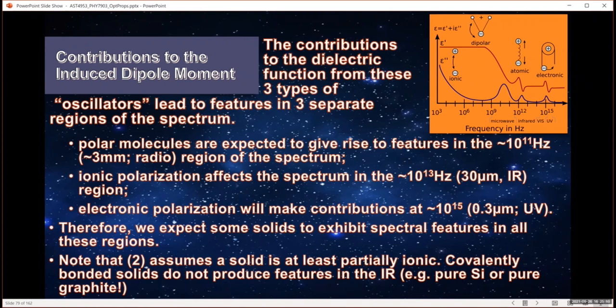And so if you have something that is covalent, like say graphite, it is not going to give you any infrared features. You're not going to have that offset of the electric charge, and so you don't have that same effect there. So we do not always see infrared features. We will always see absorption, but not necessarily features that are due to this sort of induced dipole moment.